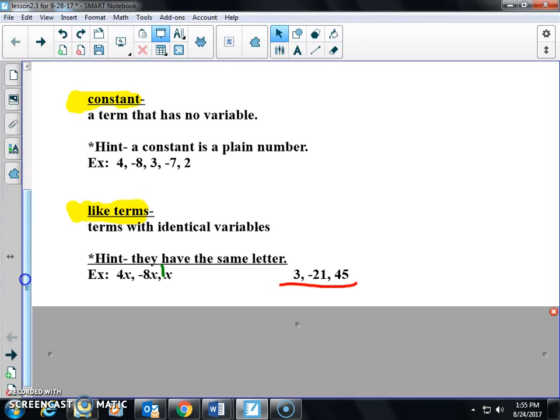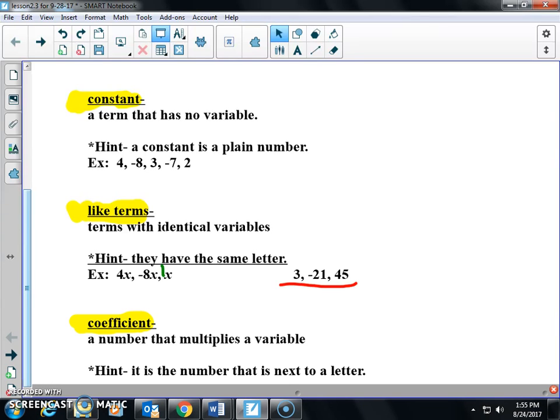Our last vocabulary word is coefficient. And a coefficient is the number that is next to the letter. Okay, it's a number that multiplies a variable. So in this example, 3m, okay, the term 3m, 3 is considered the coefficient because it's the number that multiplies by the variable.